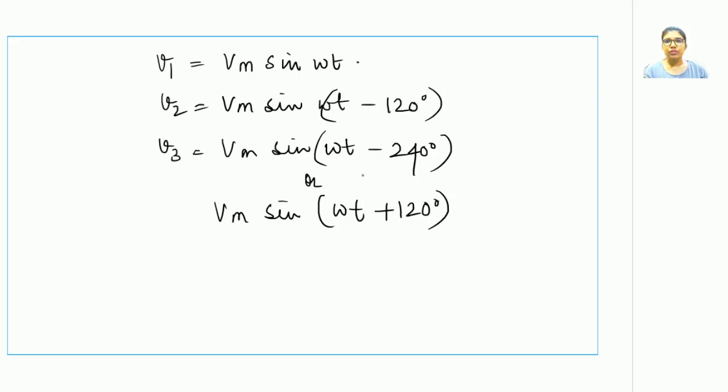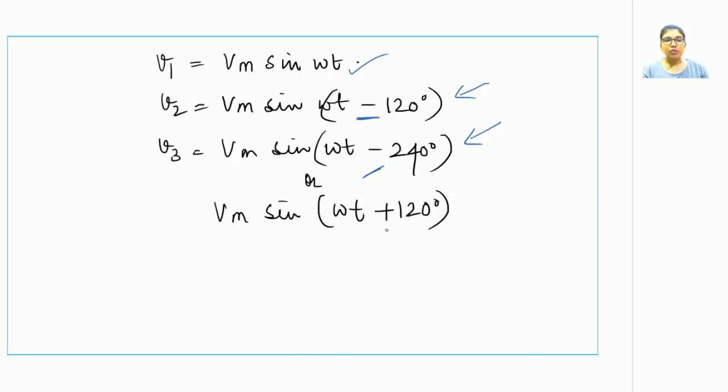So this is the sinusoidal representation. Very soon we will be studying their phasor representation as well. I hope this part is clear and you also know why the voltage V2 is carrying a negative sign, because it is generated after the generation of V1, and V3 is carrying minus 240 degrees because it is generated after the generation of V2, and it is carrying this reference of minus 240 degrees with respect to V1.